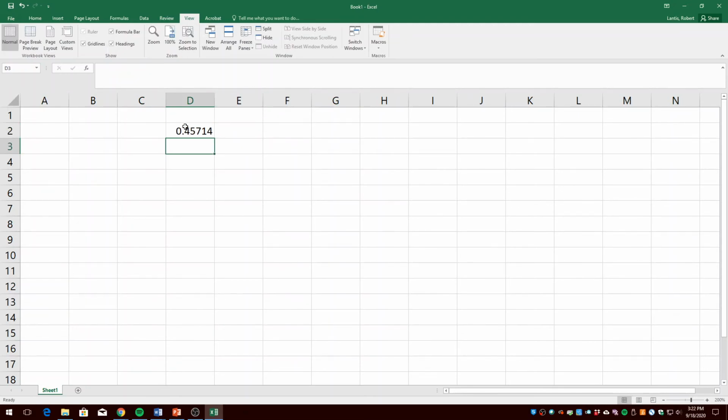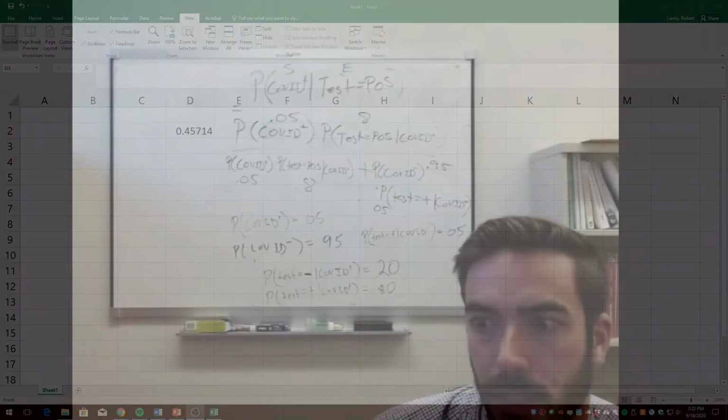So given that somebody gets a positive test result, the probability they actually had COVID, if we made every single person get tested, would only be about 45%, right? And it's similar to when we talked about the HIV example today.